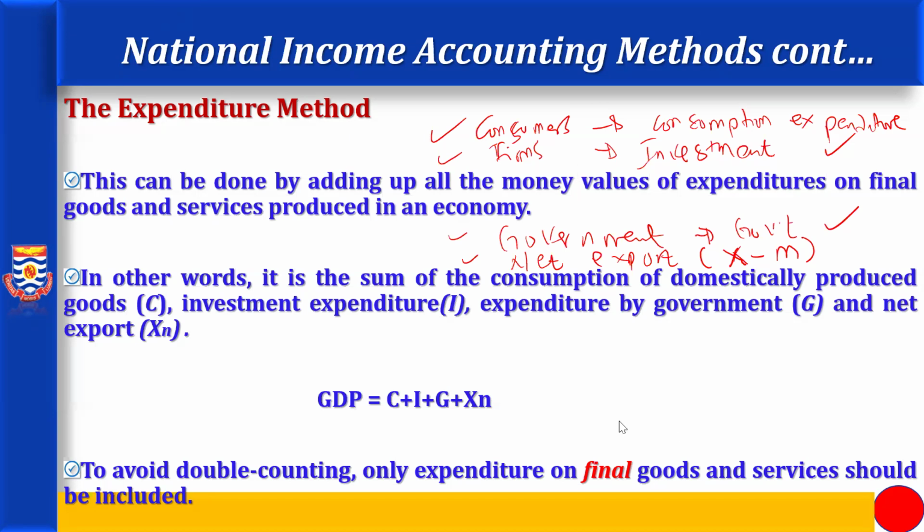So that's how come the expenditure method is C plus I plus G plus XN. The XN here represents net export.